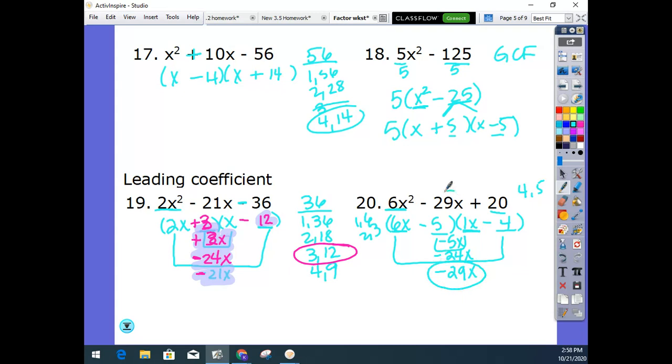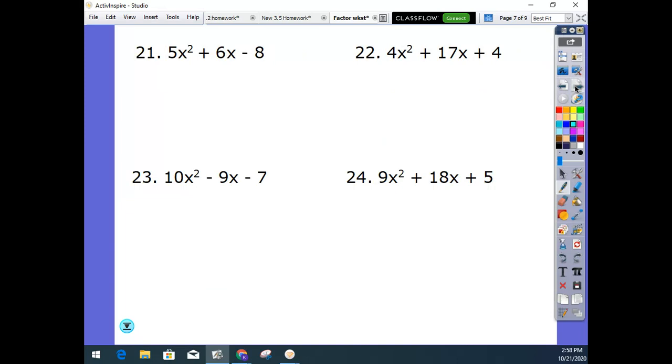Your goal is to get these to match. There's only one way to get 5x squared, 5x times x. If you're still not getting this, pick either 1 and 8 or 2 and 4, plug them in.